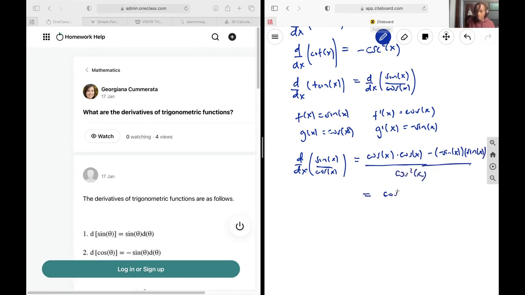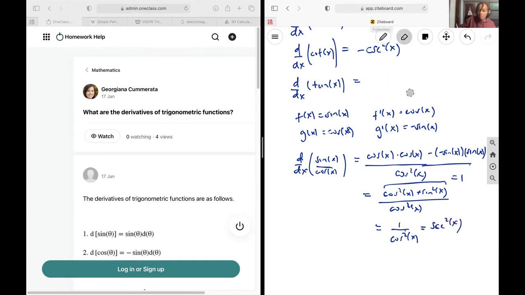This is going to become cos squared x plus sine squared x all over cos squared x. Again, this is the identity. We know that this is equal to 1. So this should just be 1 over cos squared x, and that will be secant squared x. And so we can just put that in back up here. And those will be your final answers for this question.